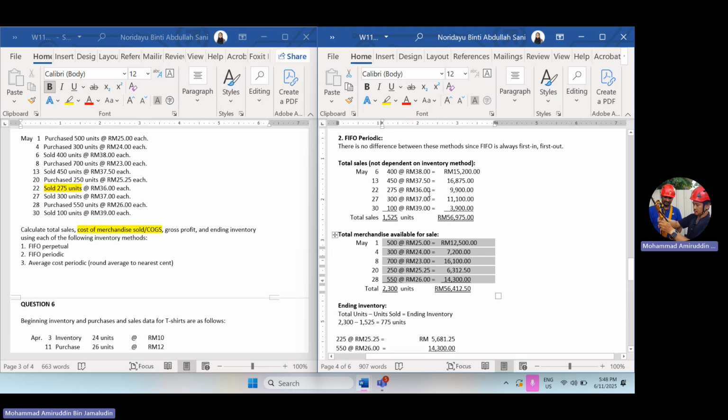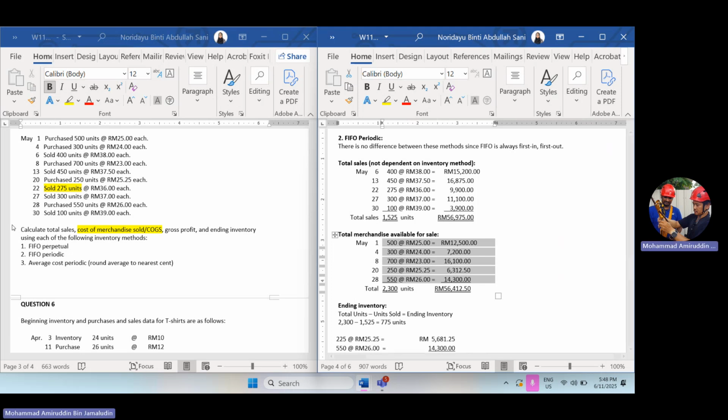This one for periodic. Periodic, not perpetual. Don't be confused. Actually, I don't really like this question because it makes confusing between the perpetual and periodic. And when you work, I don't think so. You see this periodic because it's not up to date. See, so messy. The perpetual one will be used prominently in the industry.